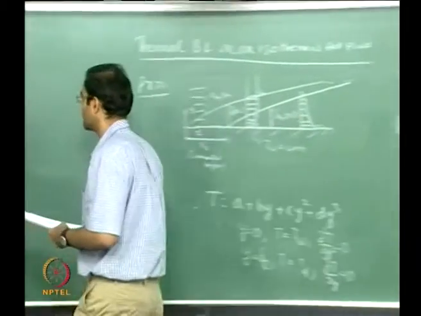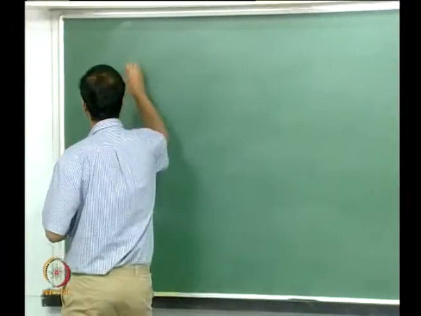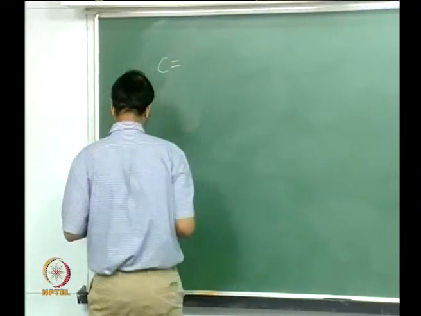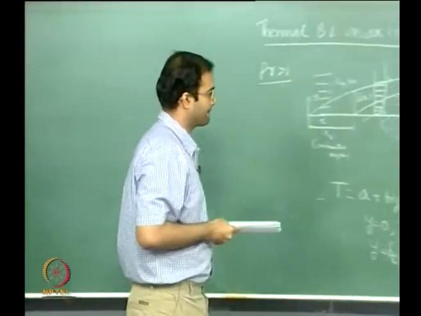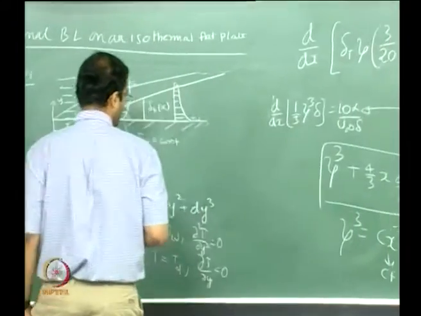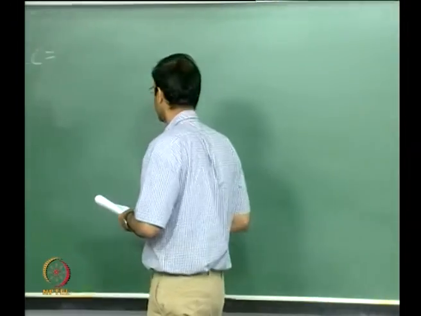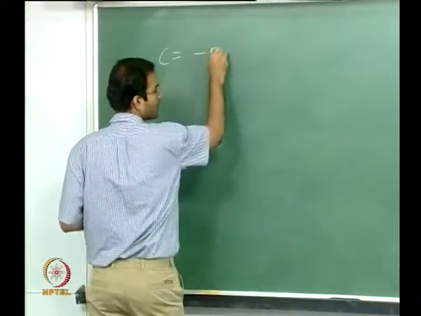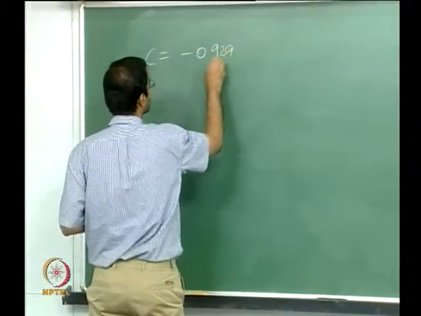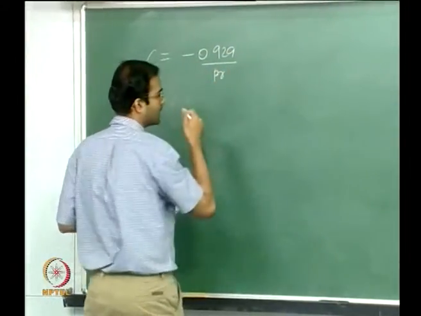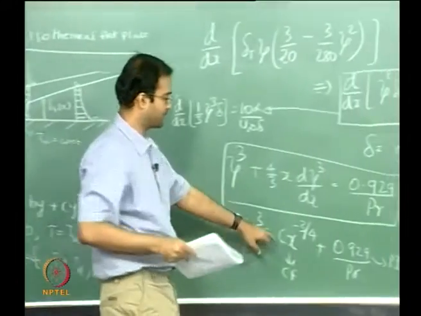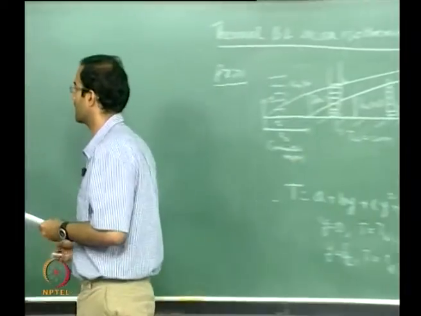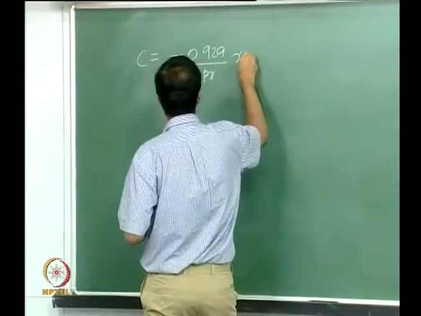Can you substitute and let me know what the constant comes out to be? Minus 0.929 by PR, and this will be x naught power minus 3 by 4, which will go to the other side. This will become x naught power 3 by 4.